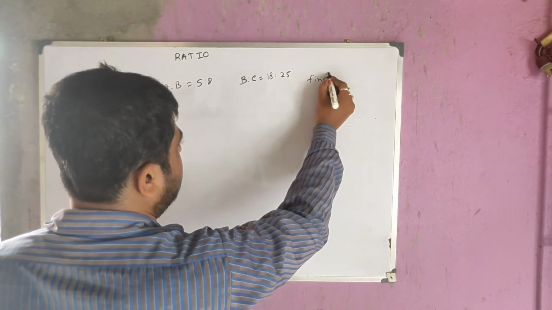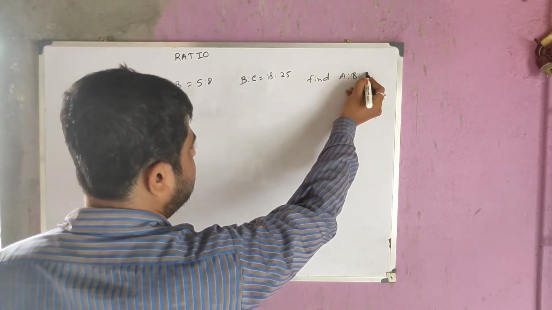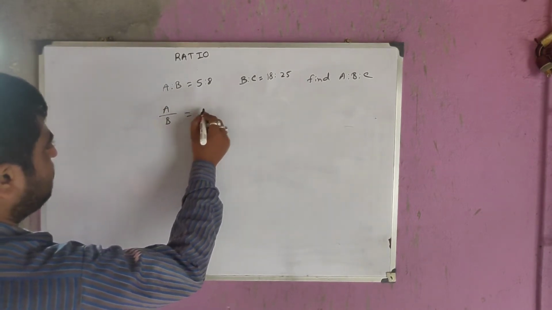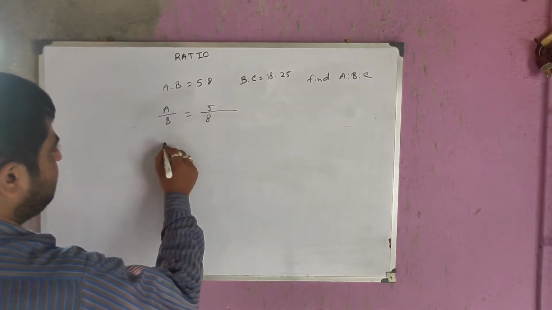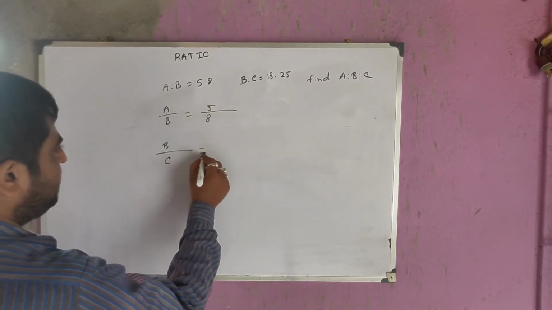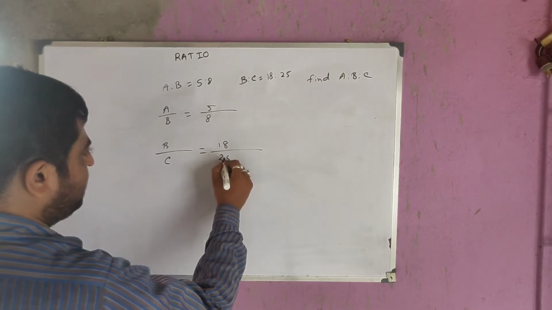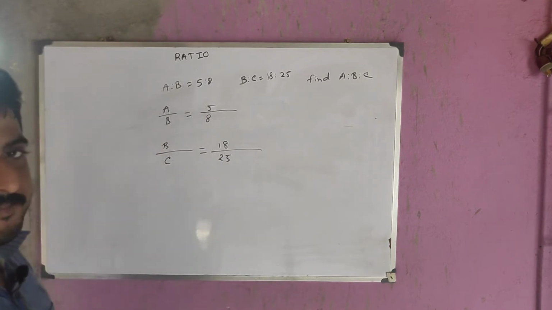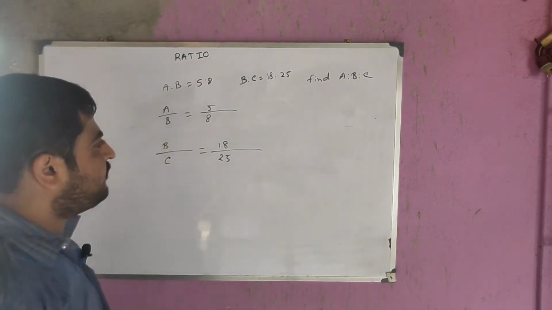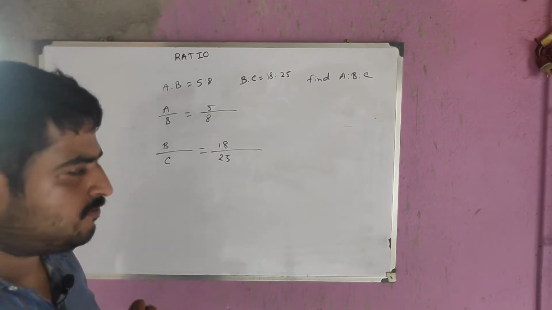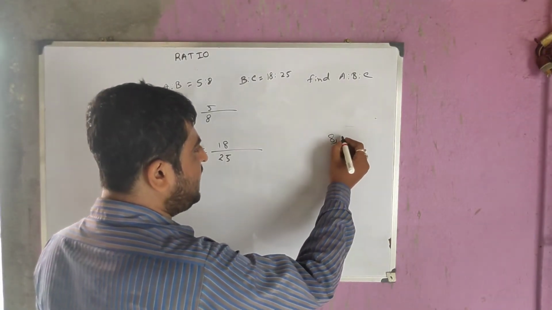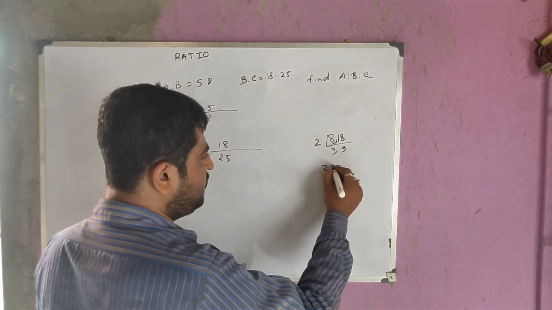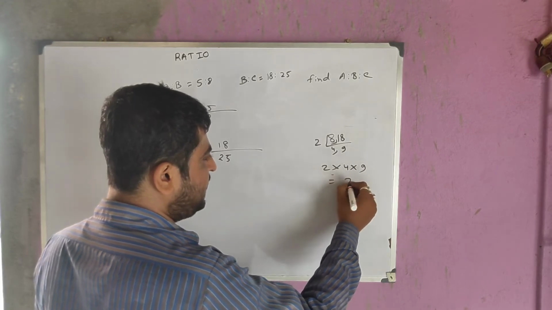Find A is to B is to C. So A is to B, 5 is to 8, means A by B equals 5 by 8, and B is to C, 18 is to 25, means B by C is 18 by 25. Here you see in both cases the values of B are not the same. We can make them the same by multiplying with their LCM. So 2, 4, 9: 2 into 4 into 9. So 4 twos are 8, 9 eights are 72.